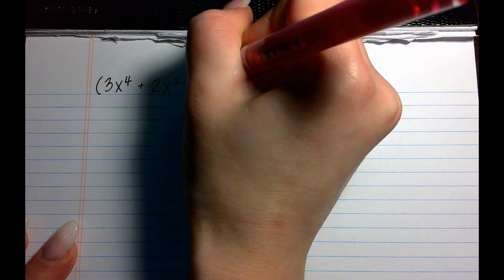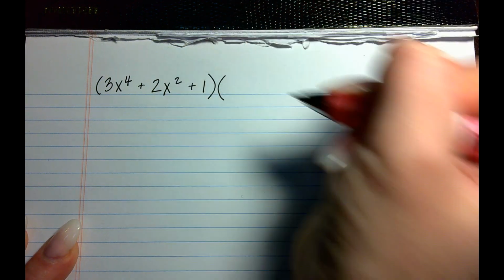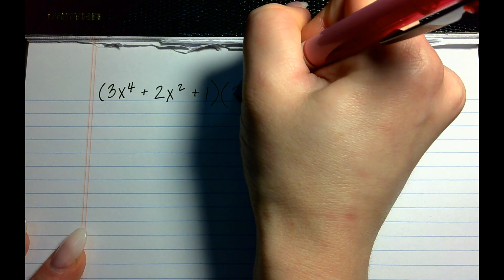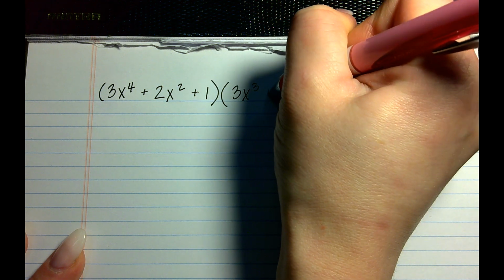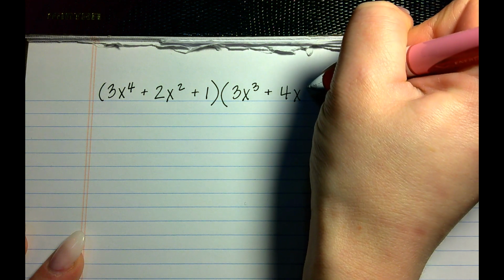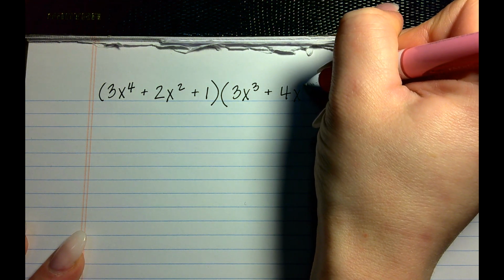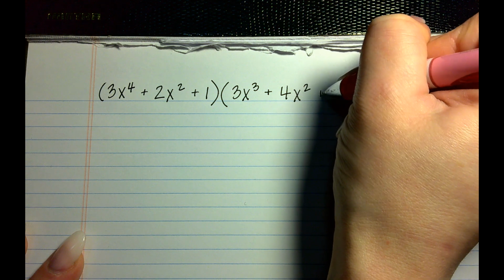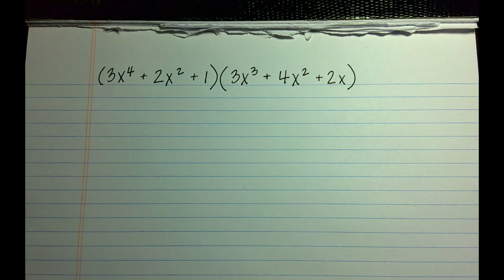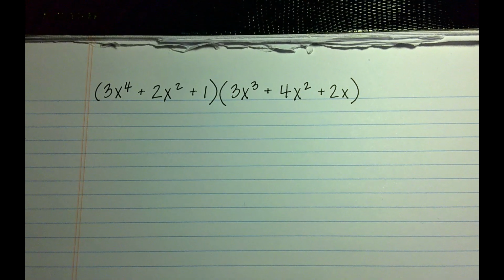So I'm gonna come up with a random problem like 3x to the 4th power plus 2x squared. Okay, so this is just a very random problem I came up with.